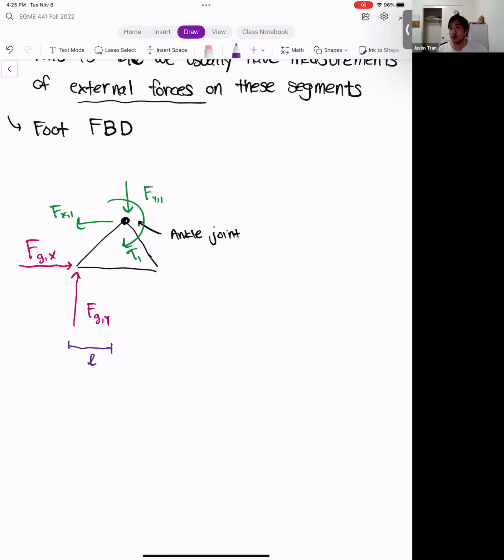And one thing that we also know is that we know the length of the foot. And so the distance between the toes and the ankle joint, we're going to say is a horizontal distance L. Okay.